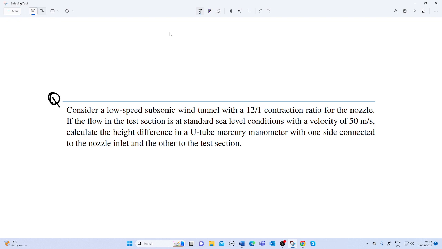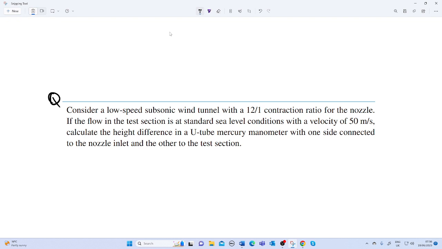Today, we have a subsonic wind tunnel issue to solve. Now let's assume we pull out all our parameters for this subsonic wind tunnel test connected with a manometer.